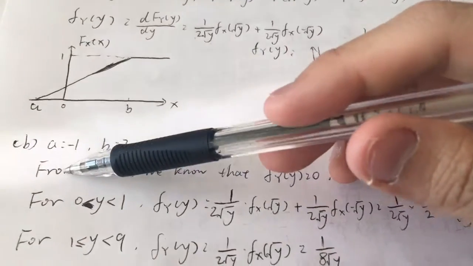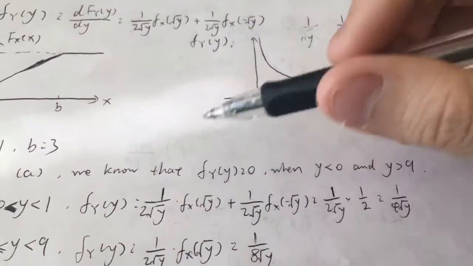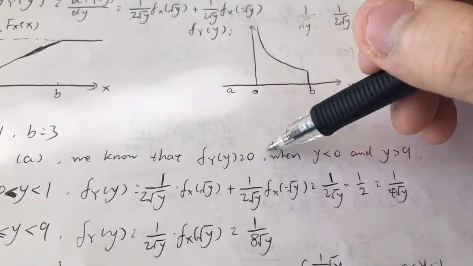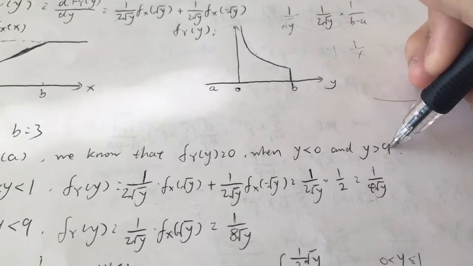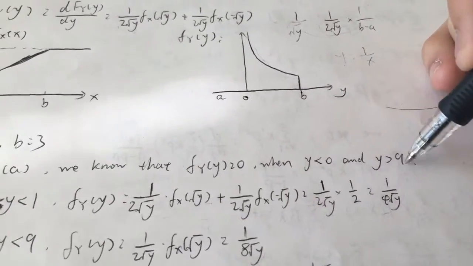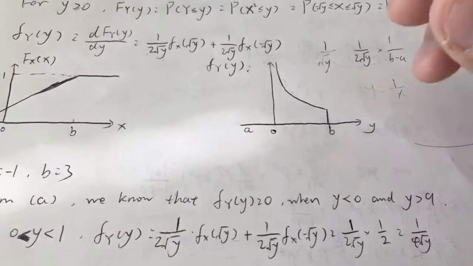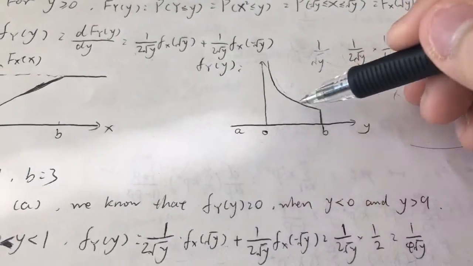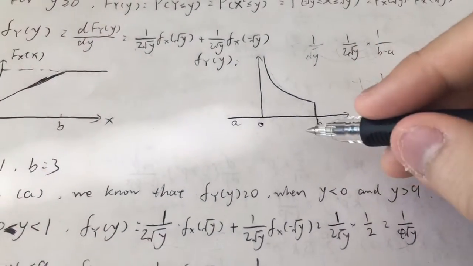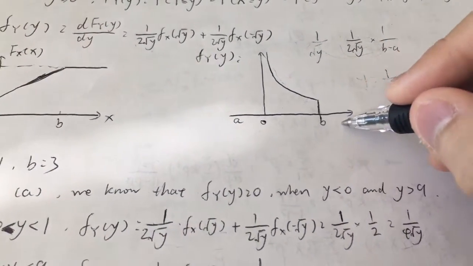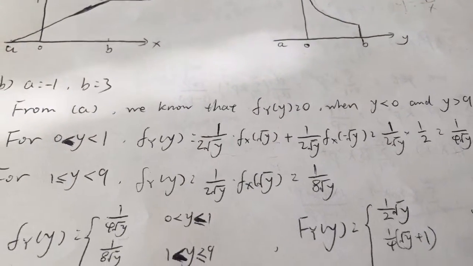From the last question, we know that the density function of y equals 0 when y is smaller than 0 and when y is larger than 9, larger than b squared actually. Like this picture, when this is larger than this, we know that the result should be 0. So that's the first case.